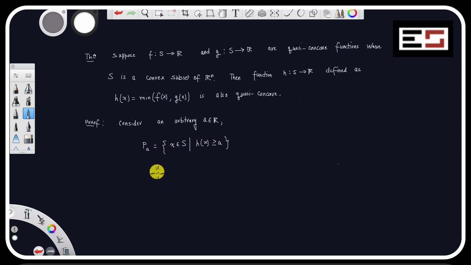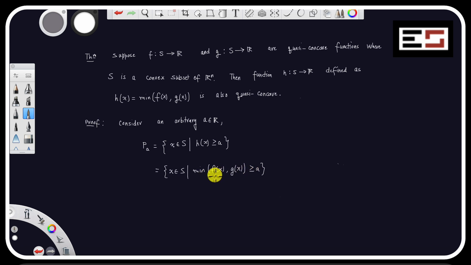Okay. Now notice that h(x) is min of f(x), g(x), so I can replace h(x) by min of f(x), g(x), and I'll get that it's a set of all x where the smaller of the two is greater than or equal to a.